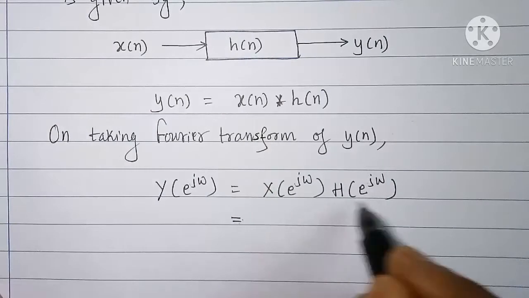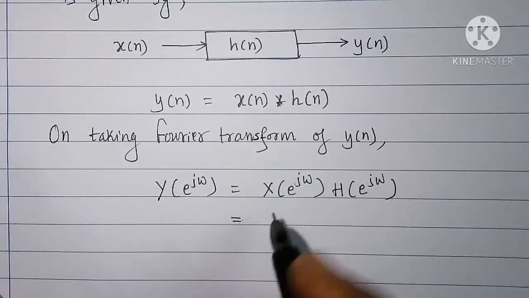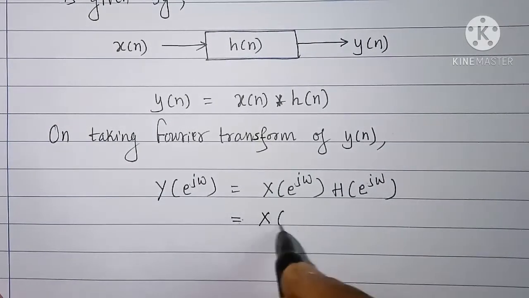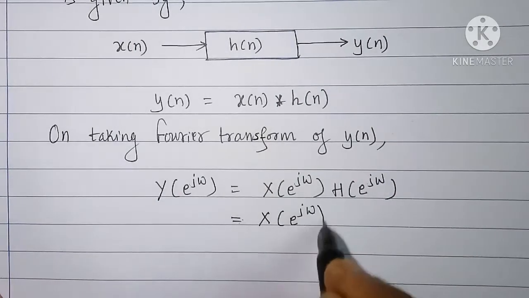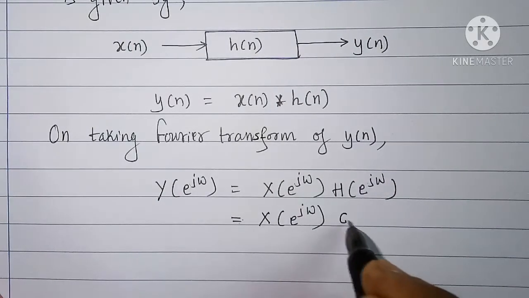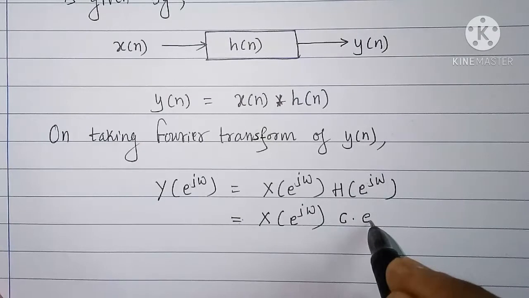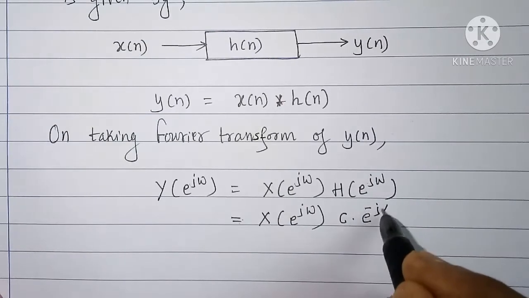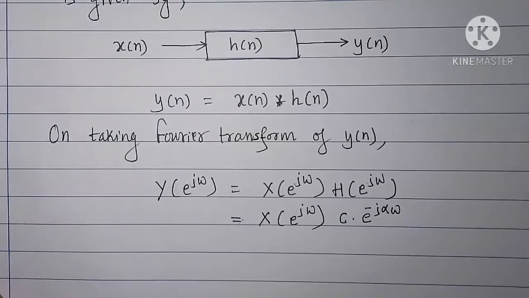But h of e raised to j omega is c into e raised to minus j alpha omega.